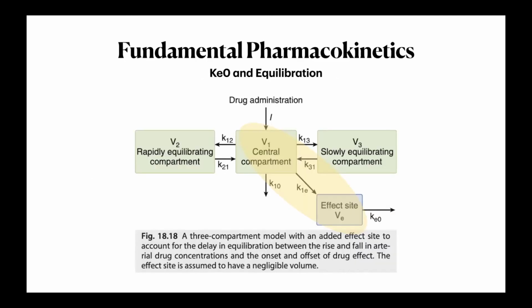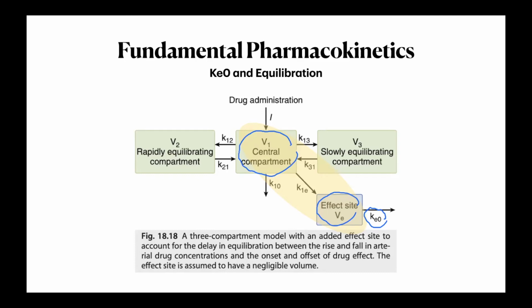Now let's look at KEO and its effect on the equilibration time between the central compartment and the effect site. So we're looking at how KEO affects the equilibration between the central compartment and the effect site. Now, why is it called KEO?